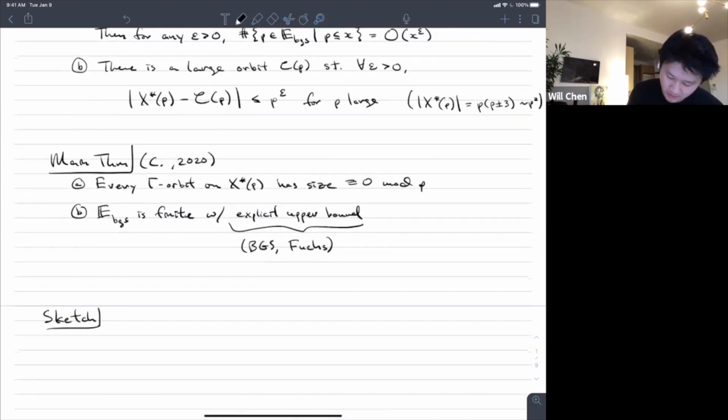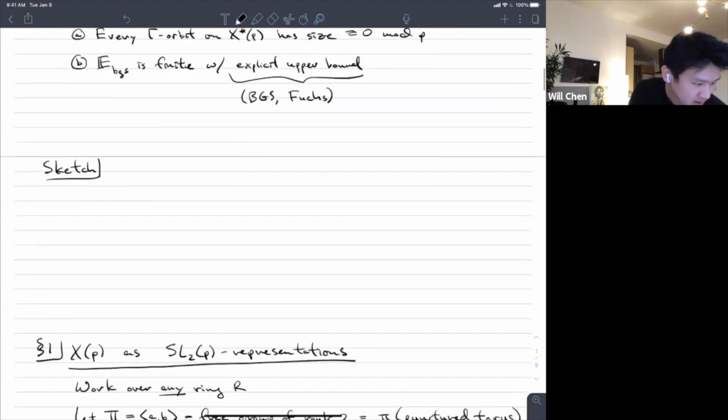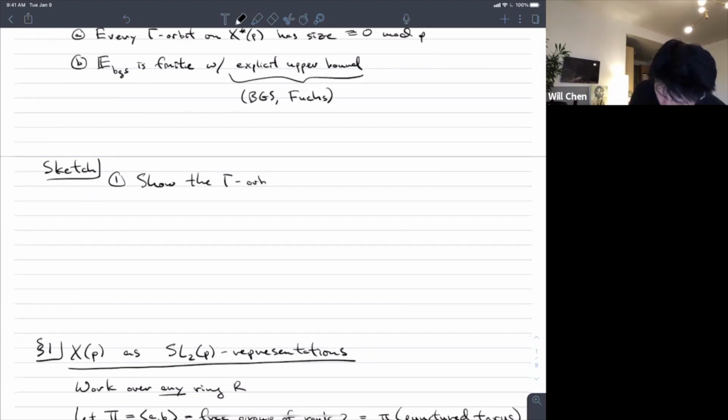Okay, so the sketch of the argument essentially will go like this. The first step will show the gamma orbits on X*_p are étale geometric fibers of a certain map of stacks.